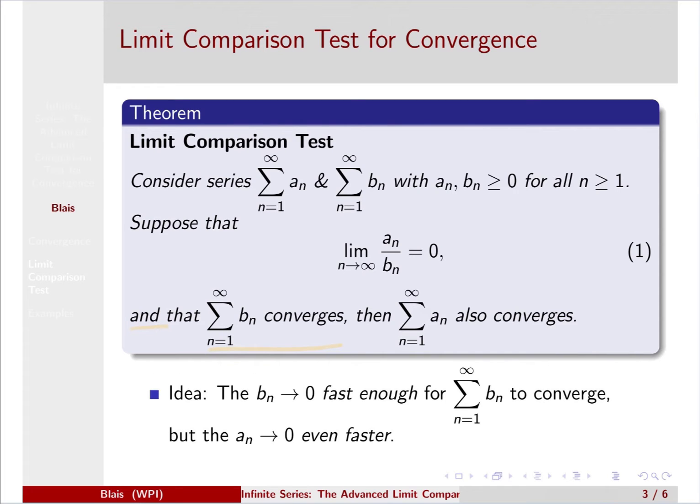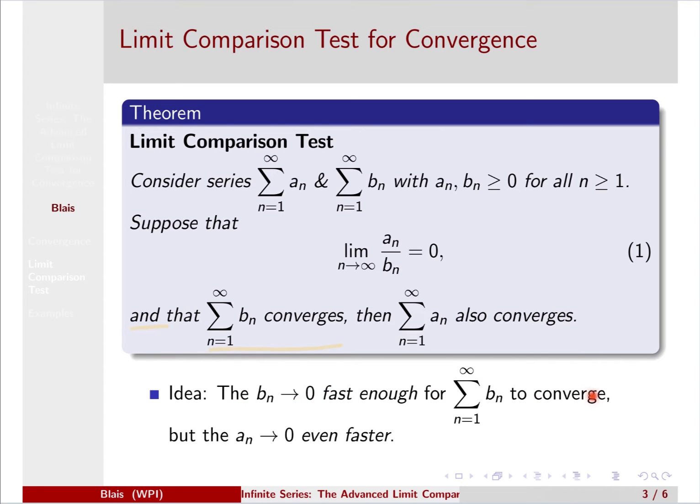And what this tells us is, if we know that the sum of the b sub n's converges, that means the b sub n's are in fact racing to 0 fast enough for the sum to converge. Then if you think about this limit as a race, as n goes to infinity, this b sub n is going to 0.